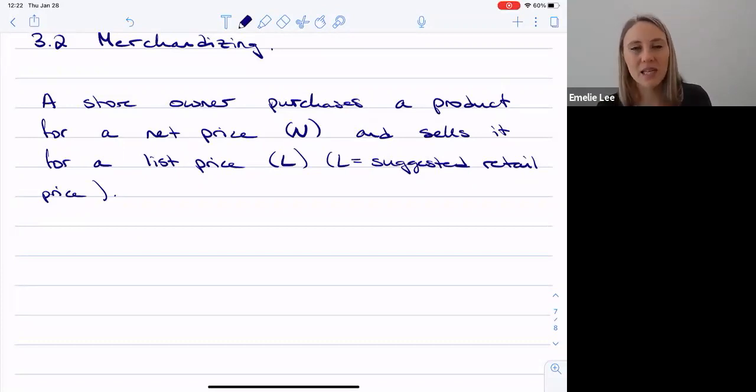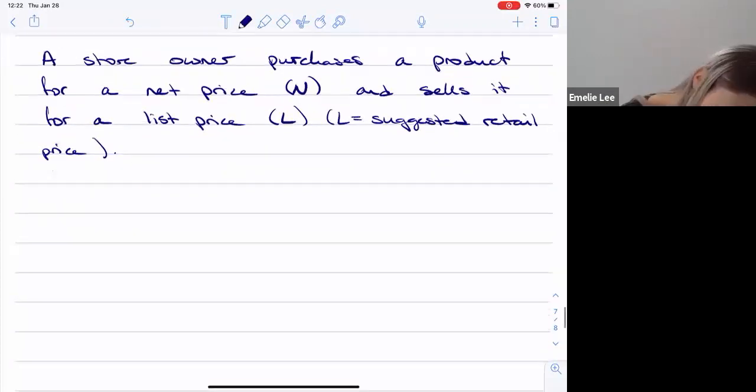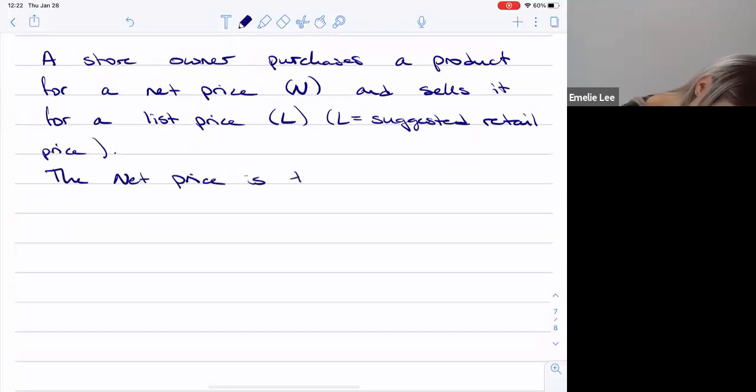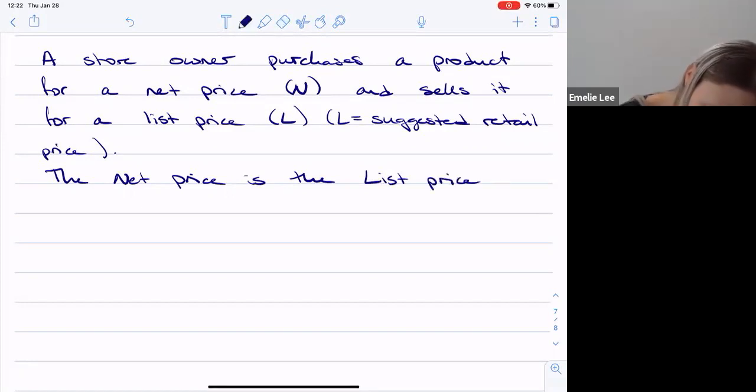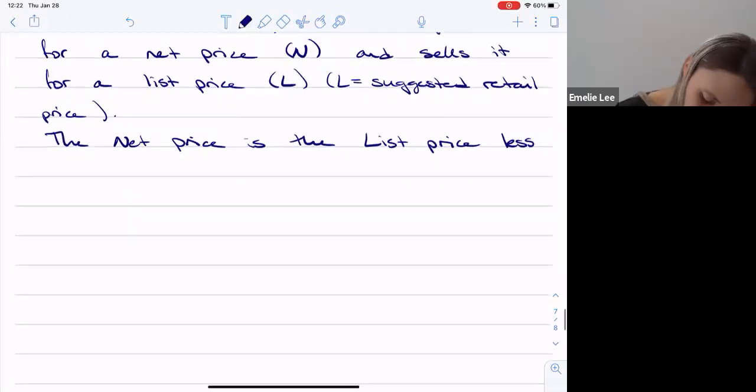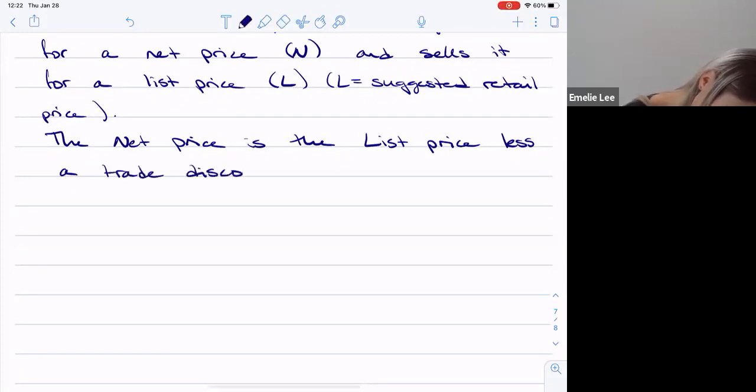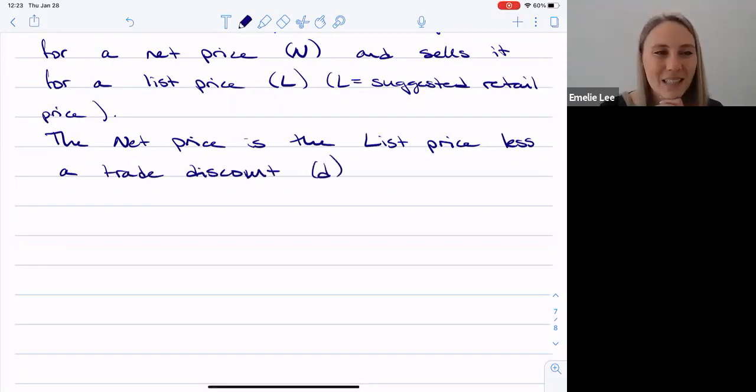And the net price is the list price less some discounts. The net price is the list price, and maybe I should capitalize it just to emphasize, is the list price less a trade discount, which we'll denote by a lowercase d, right?